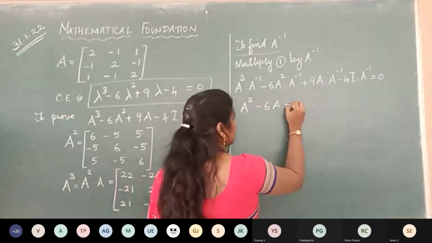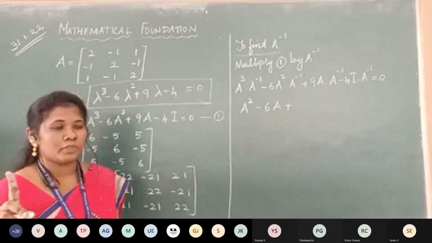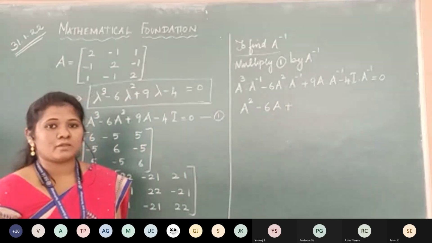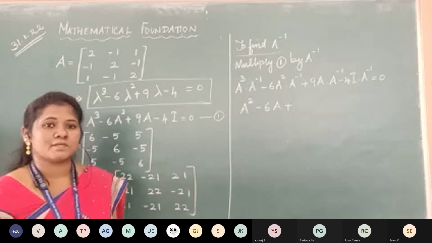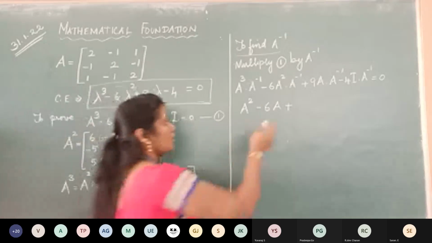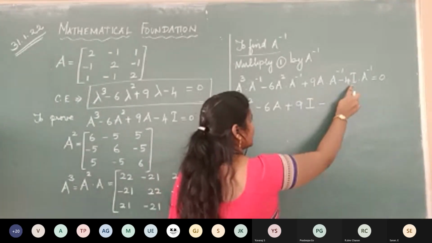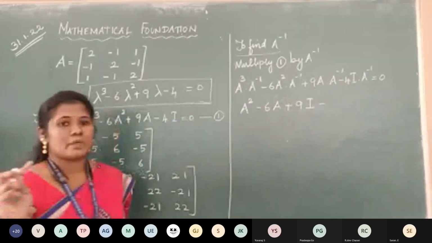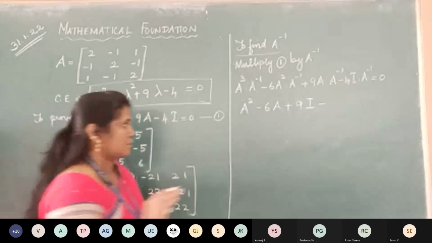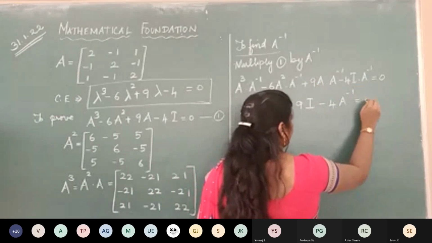Plus 9 into A inverse, it will become 1, so it becomes a constant term. When it is a constant term, you take it as the identity matrix, so that becomes 9I. Minus identity matrix into A inverse will become A inverse, so minus 4A inverse equal to 0.